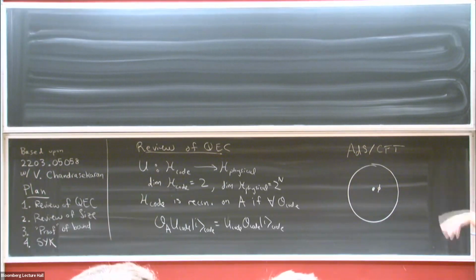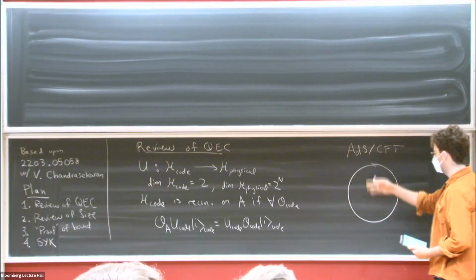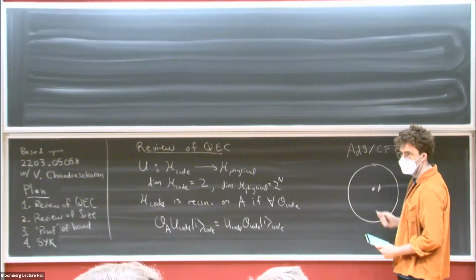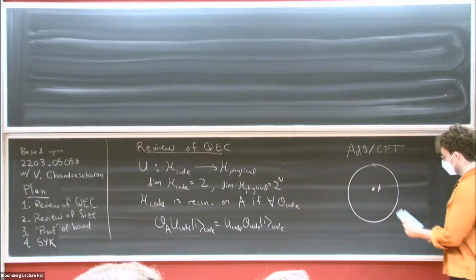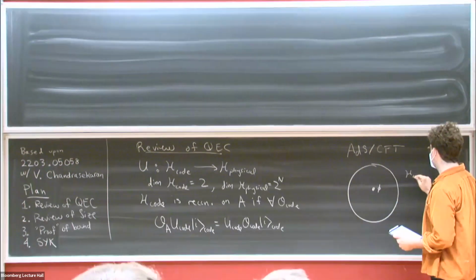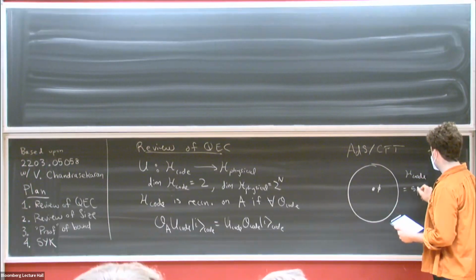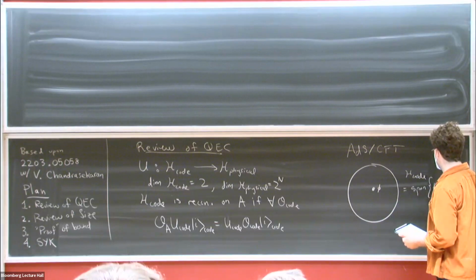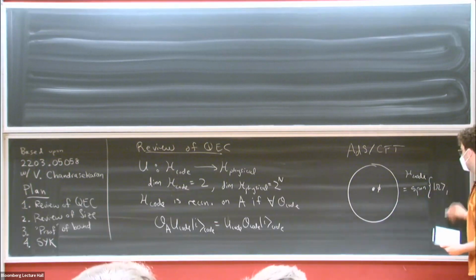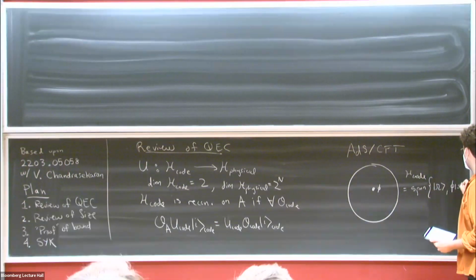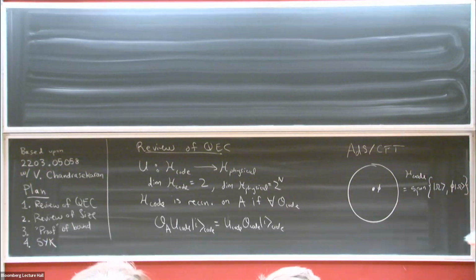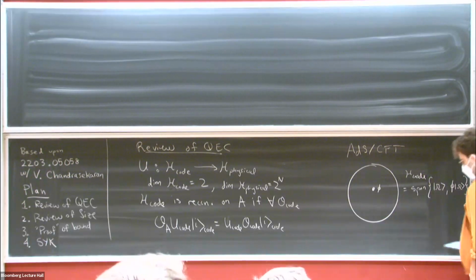I'm going to forget about dressing and all that; let's imagine free field theory in the bulk, and I want to reconstruct its action. I could consider a code subspace, which is what we'll do today: the span of the vacuum and the state with phi acting on the vacuum. Let's imagine that phi acting on the vacuum is orthogonal to the vacuum.